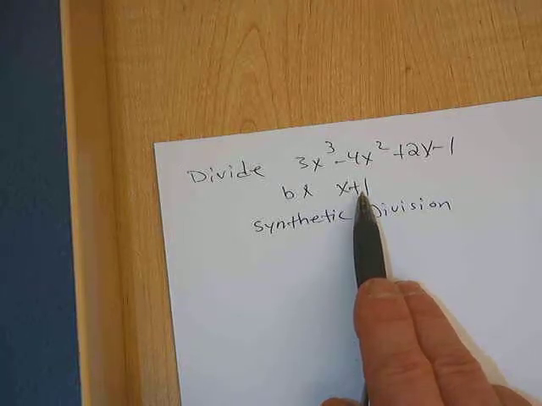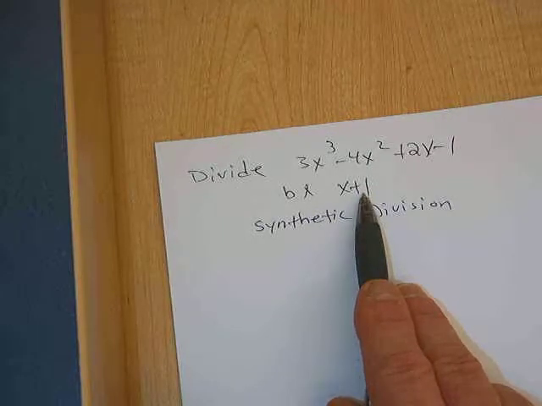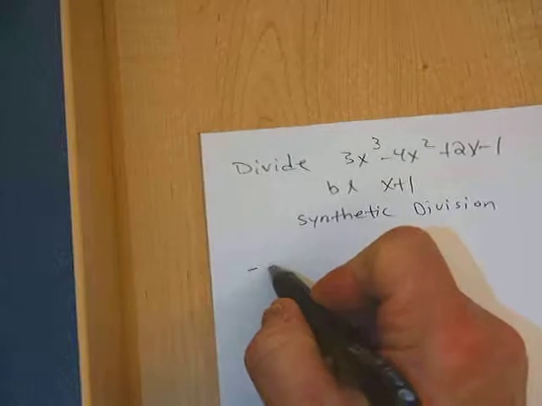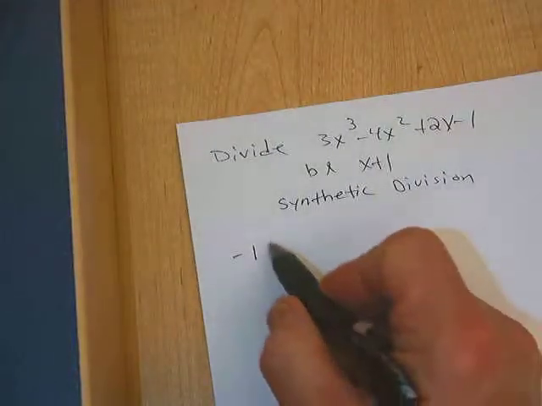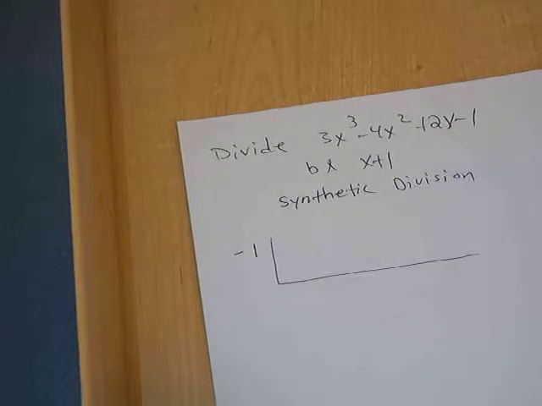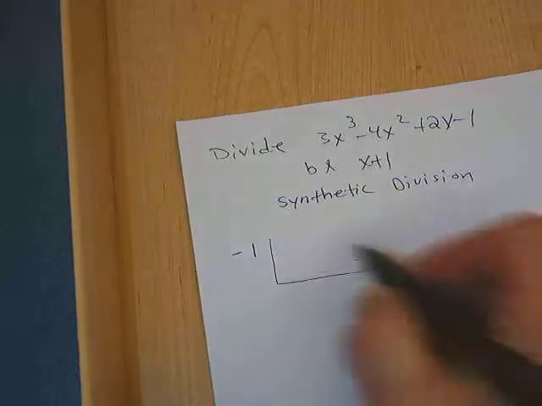If x plus 1 is a factor or potential factor, what is the 0? Negative 1, right? So here's how we write these things down. We write the negative 1 down, and then we write an upside down long division symbol.